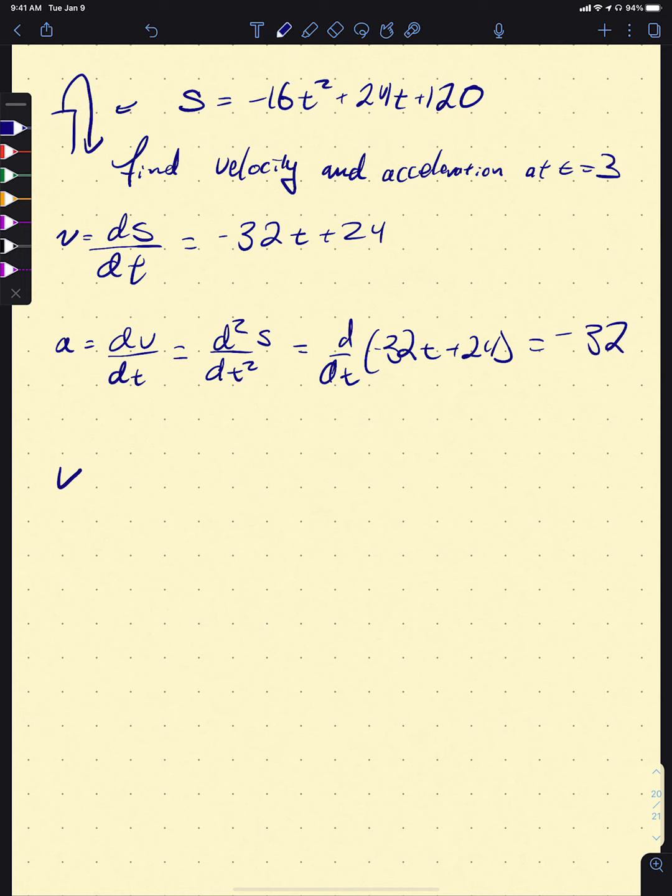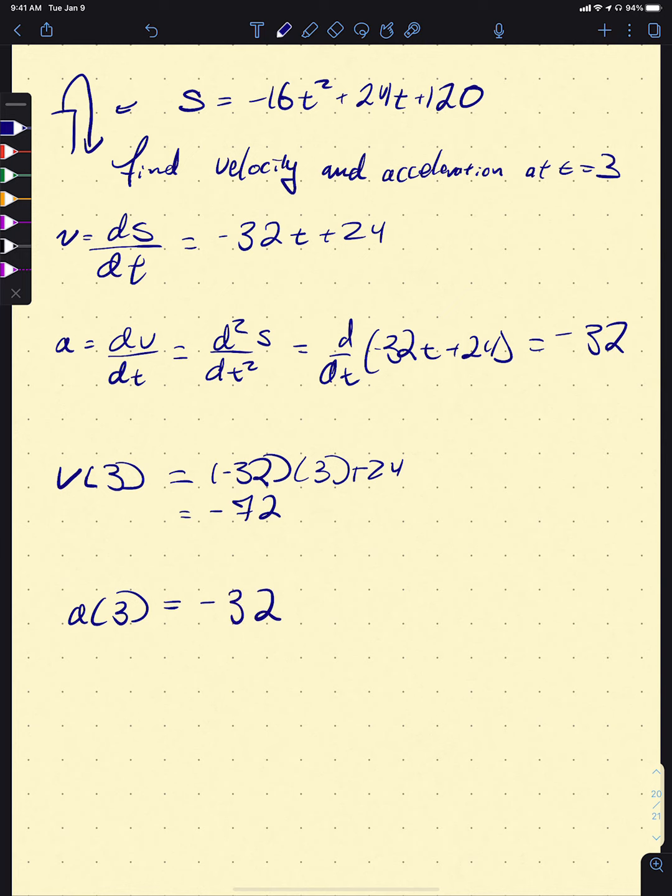So my velocity at 3 seconds is negative 32 times 3 plus 24, which comes out to negative 72. And my acceleration at 3 seconds is just negative 32.